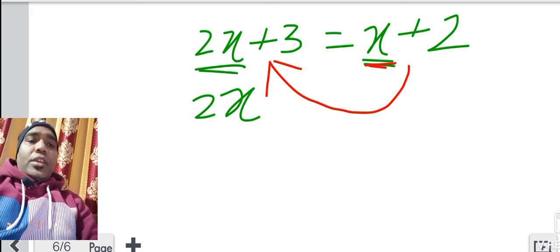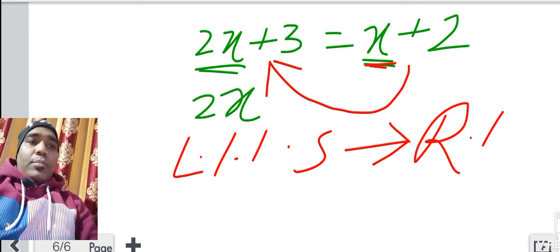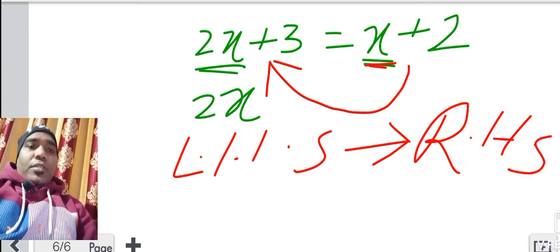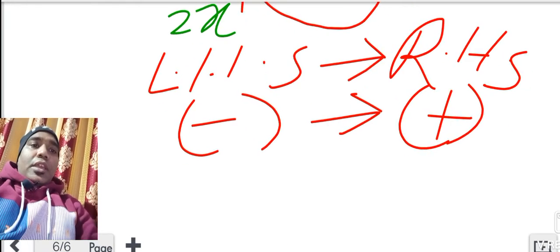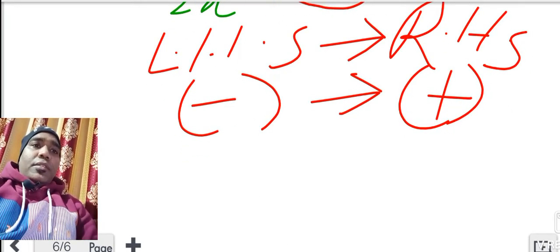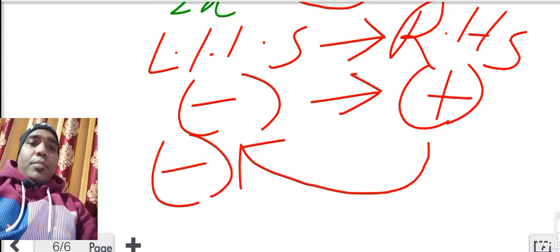You must be knowing, whenever we shift anything from one side to the other, a minus term becomes plus, and plus becomes minus.